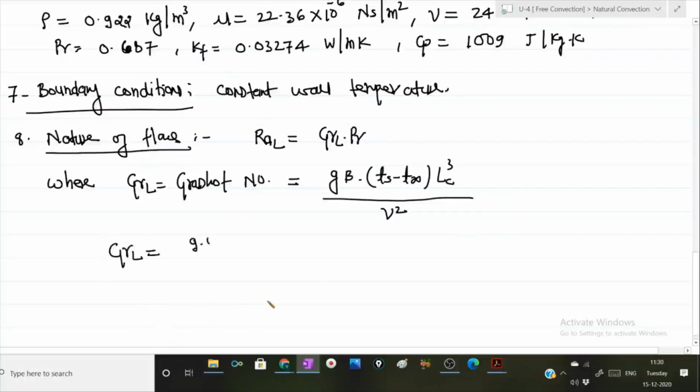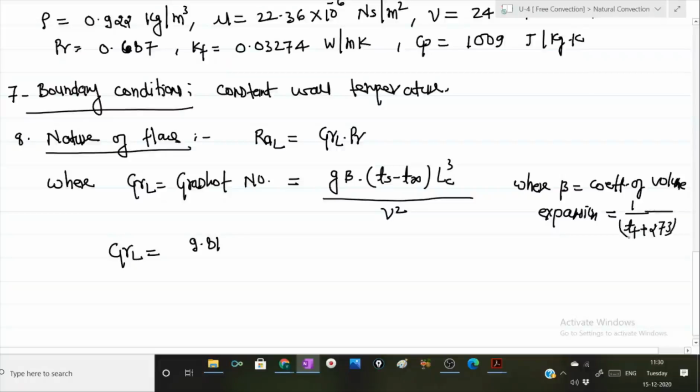G is 9.81. In this expression, beta is called as coefficient of volume expansion. And for gas, it is given as 1 upon (TF plus 273). Okay.